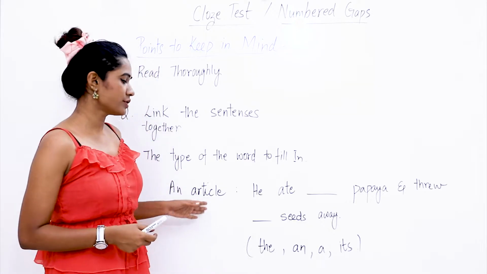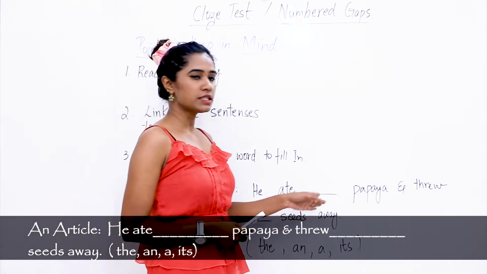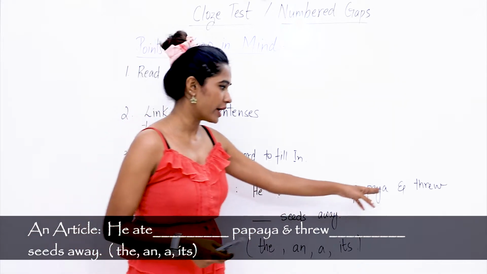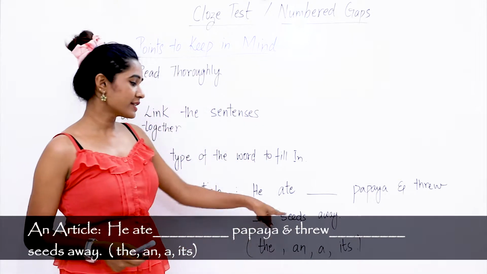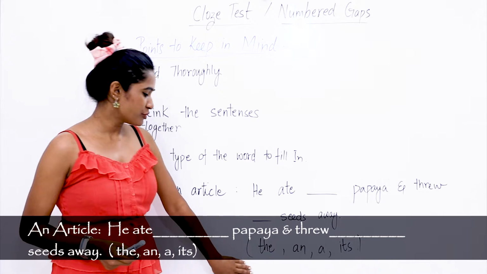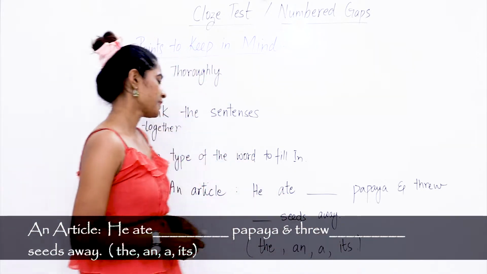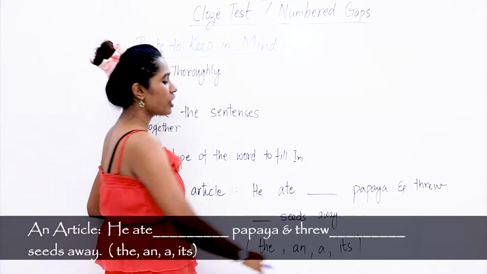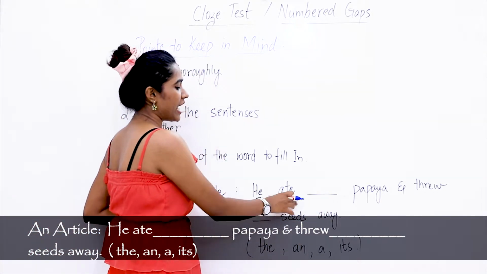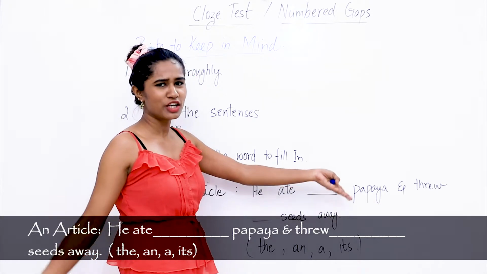Next, when we look into the article, the example is: he ate blank papaya and threw blank seeds away. Here the options given are the, an, a, its. So when you are filling the first one, he ate an papaya, a papaya, its papaya, no, it doesn't come.